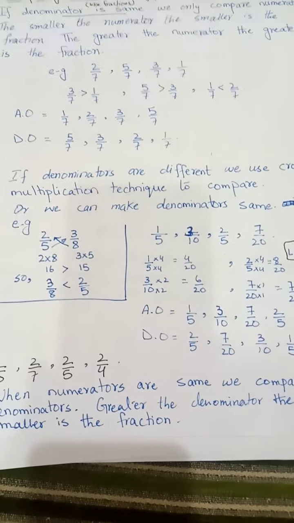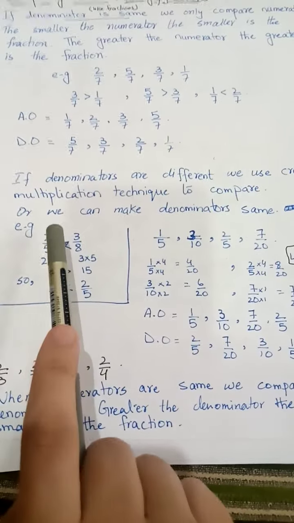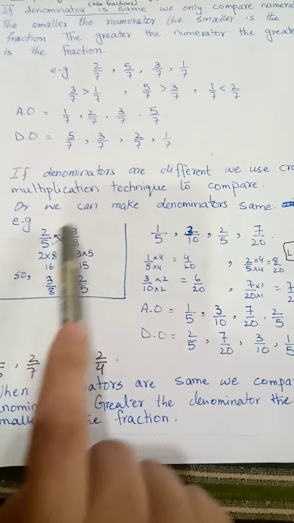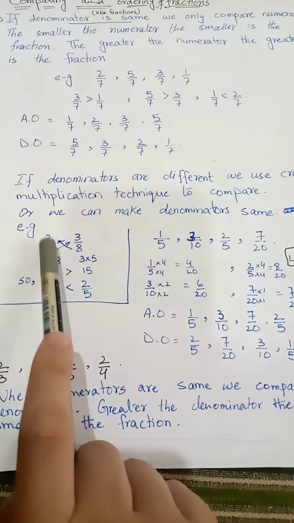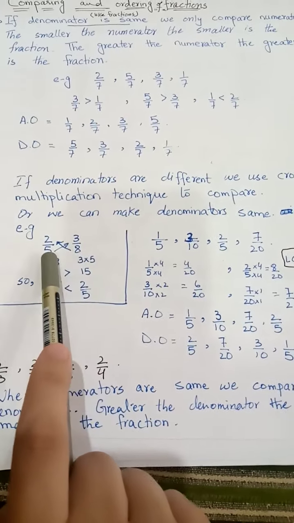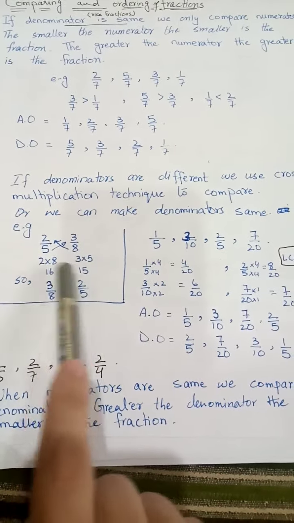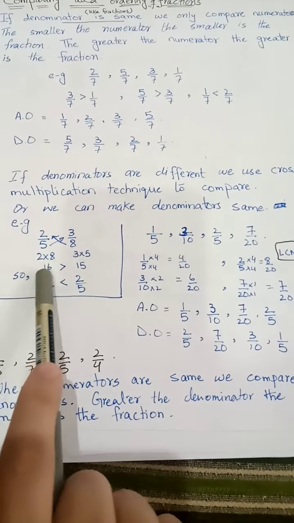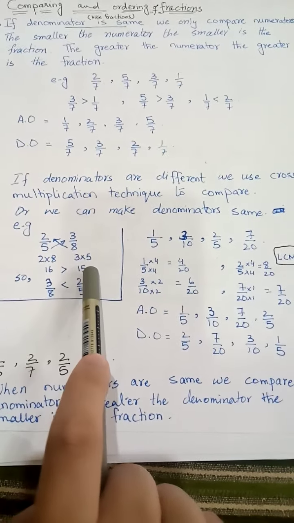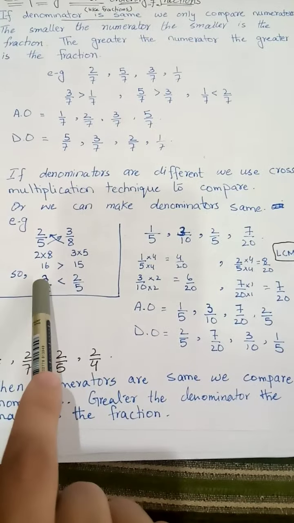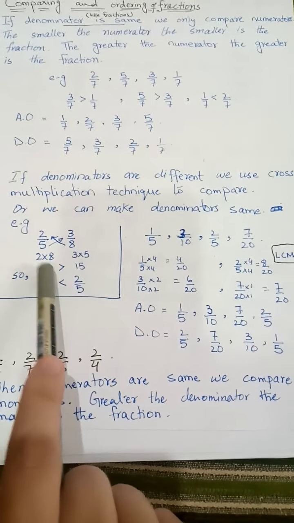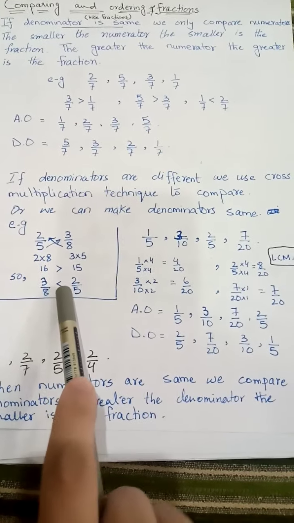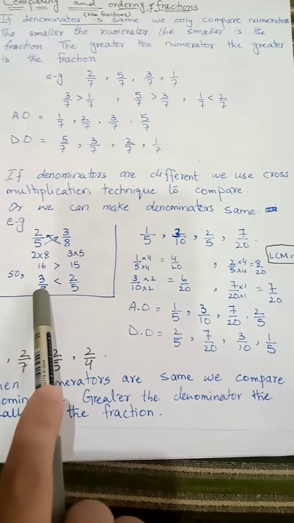In this method, you can see we have two fractions, 2/5 and 3/8. We just cross multiply them. We multiply 2 with 8 and 5 with 3. So it is 16 and 15. Which number is greater? Obviously 16 is greater than 15. That's why the fraction corresponding to 16, which is 2/5, is greater than 3/8.